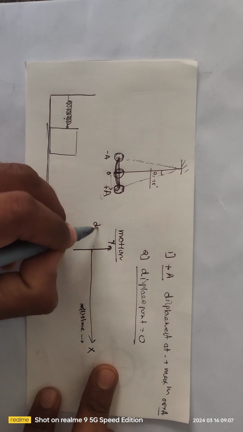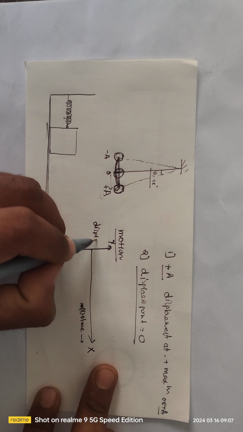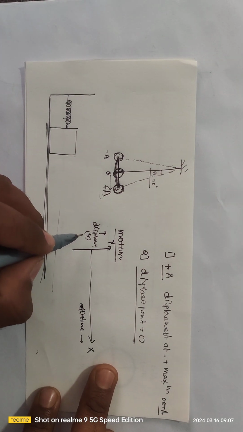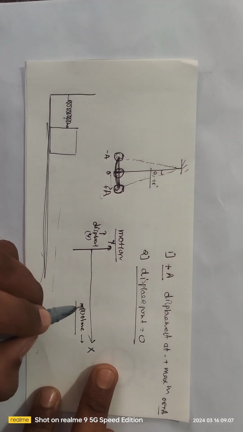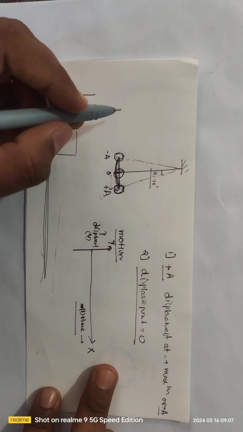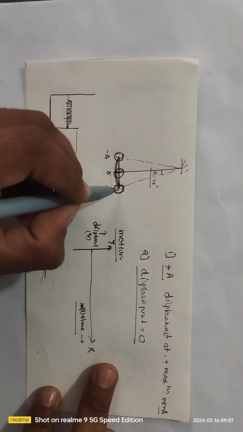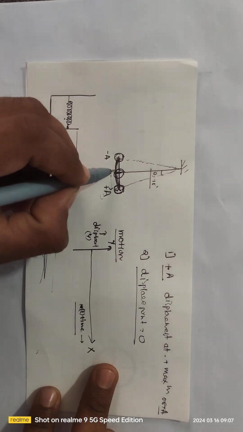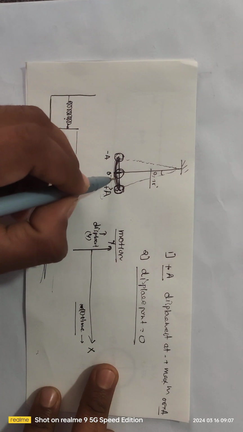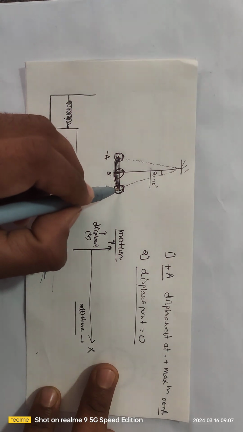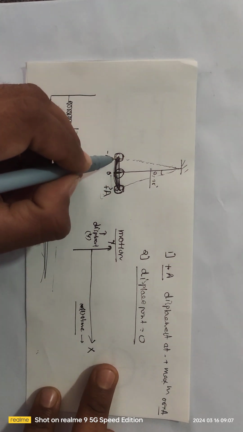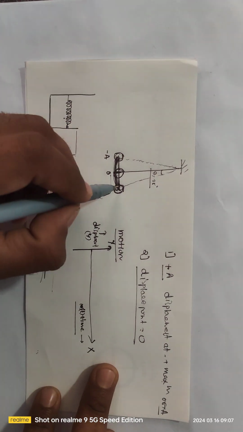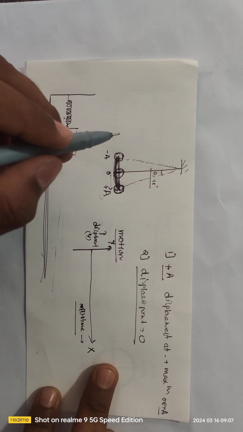So our displacement is in y direction and our time is in x direction, because if the particle is doing simple harmonic motion, with respect to time the position of the particle is changing.